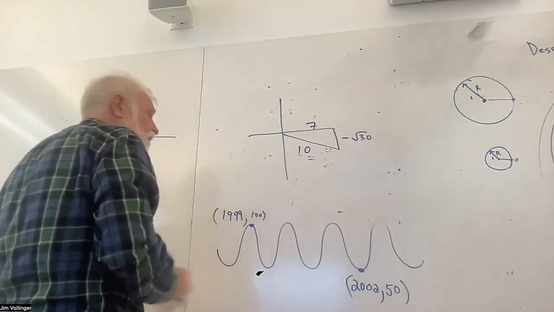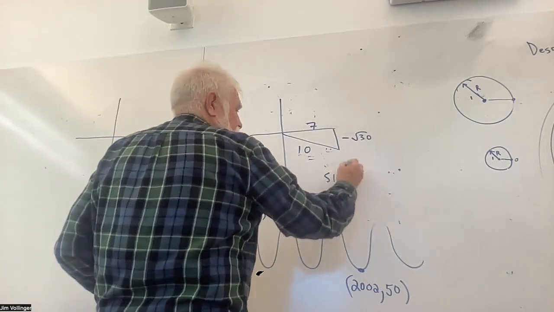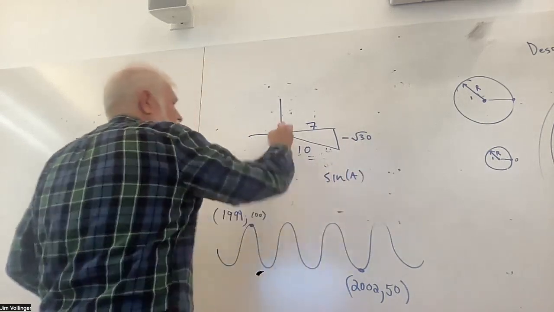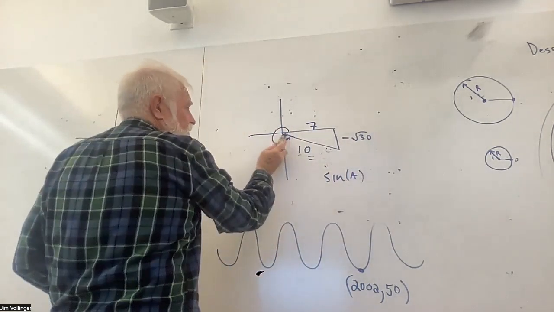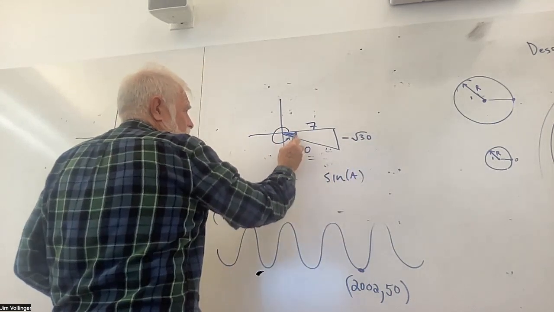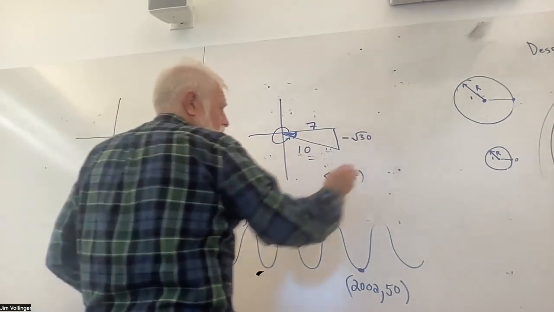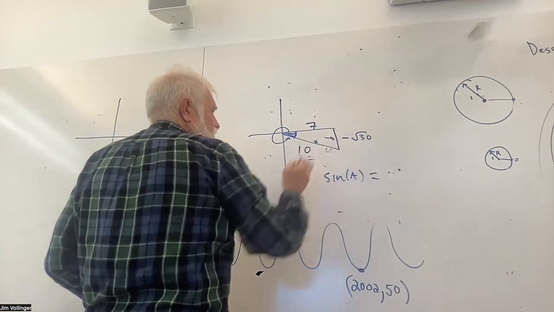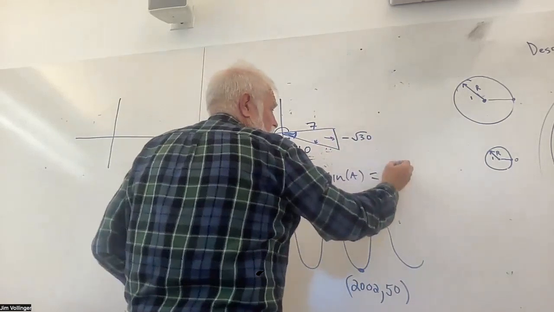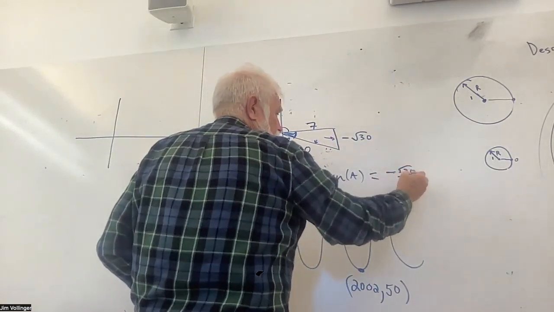But can we name the sine of angle A? Well, A is actually more than 270 degrees, but again, we're going to use the reference angle. There's the reference angle. And it looks like opposite is over here. Hypotenuse is there, so sine of angle A is minus root 30 over 10.